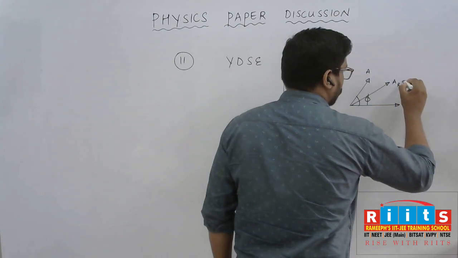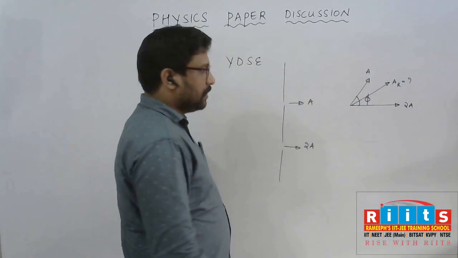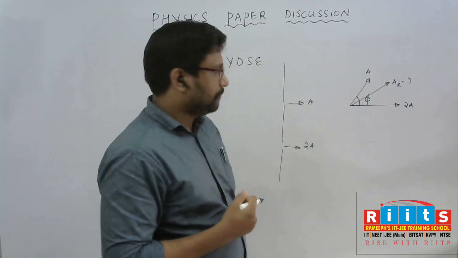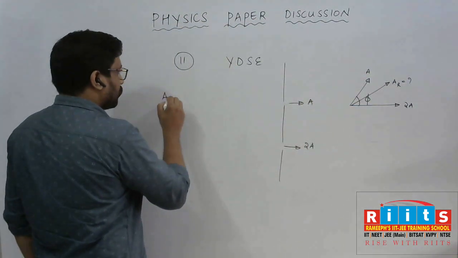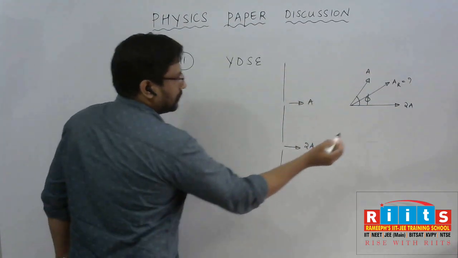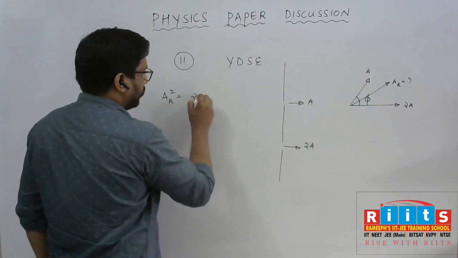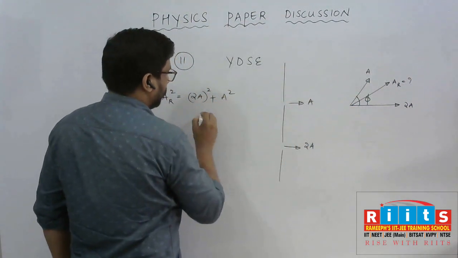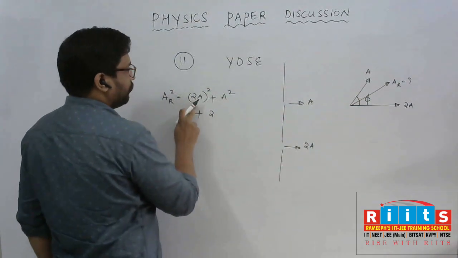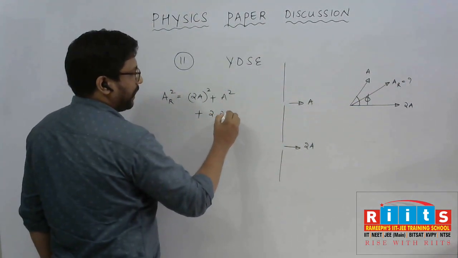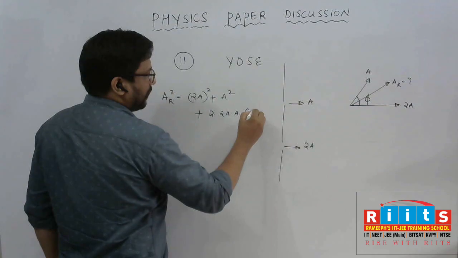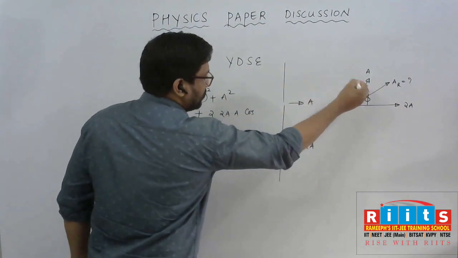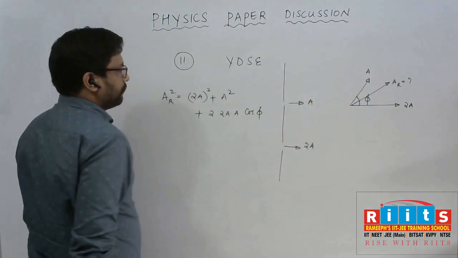The phasor addition we do in the format of the vector addition formula. So AR square is 2A the whole square plus A square plus 2 into first one into second one, 2A into A, and into cos of the angle between these two vectors, that is cos phi.